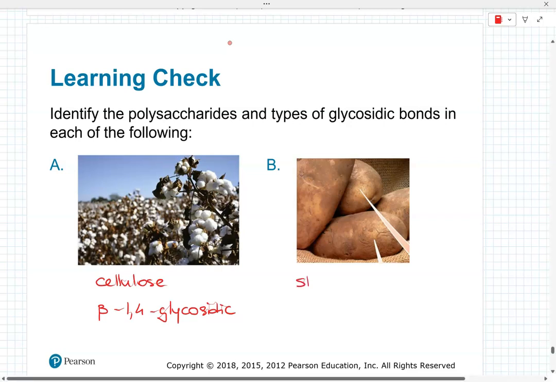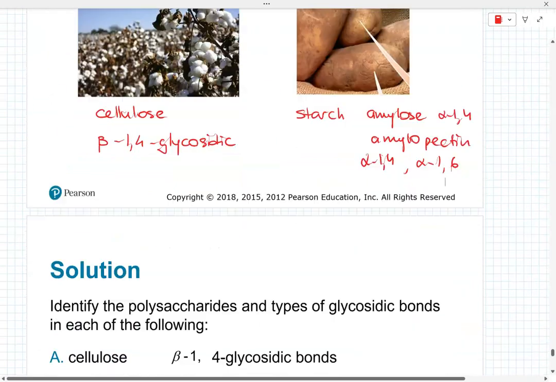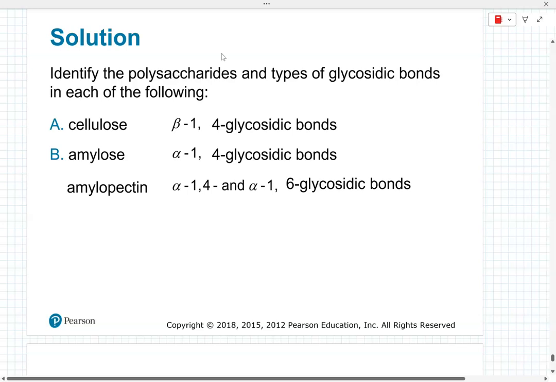Starch, which is comprised of amylose, remember linear, alpha 1,4, and amylopectin, in which alpha 1,4 bond produces the linear part, and alpha 1,6 is responsible for branching. Does that make sense?